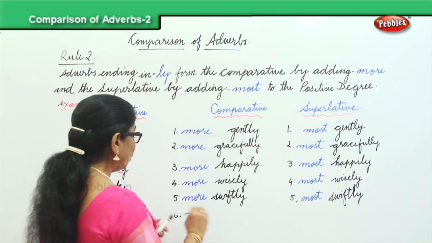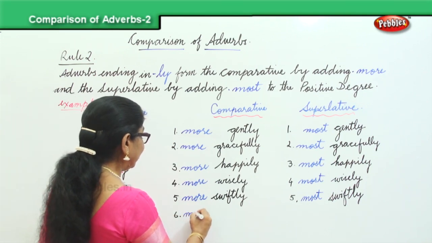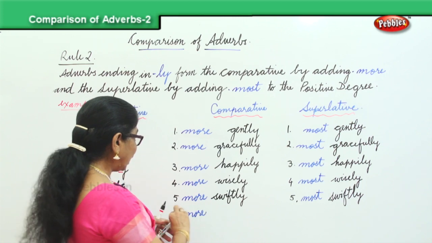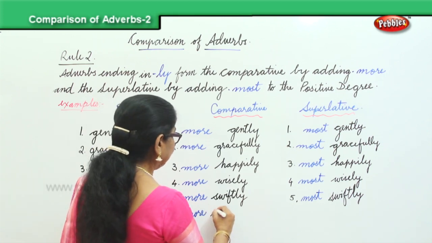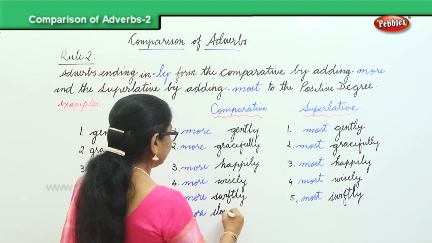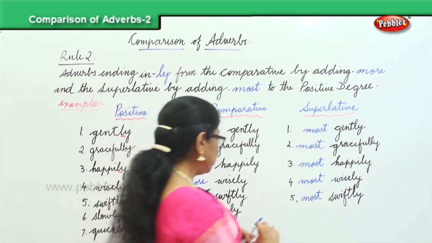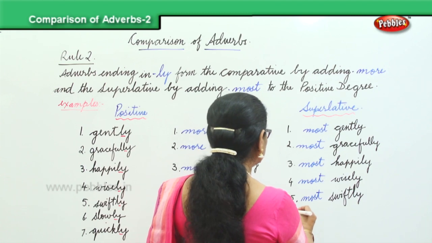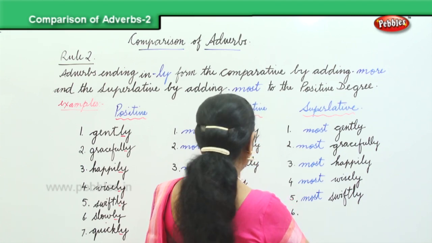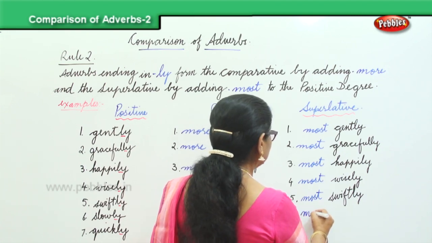Walk slowly, walk more slowly, or write more slowly. Finally, most slowly. She walks the most slowly.